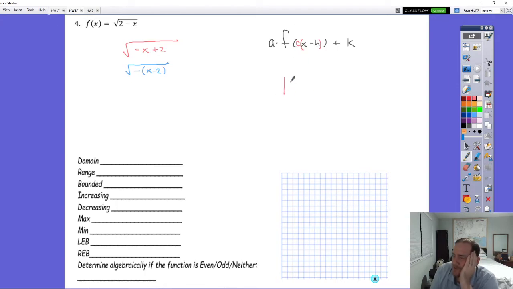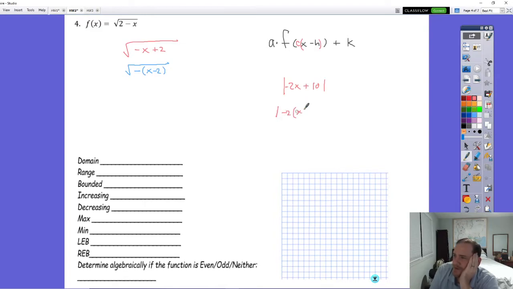I mean, imagine something as simple as 2x plus 10. If I asked you how is this function translated, you'd be tempted to say that it got translated 10 units to the left, right? You'd be wrong if you said that, especially if there was a negative on the front. You have to factor that out, 2 times (x plus 5).